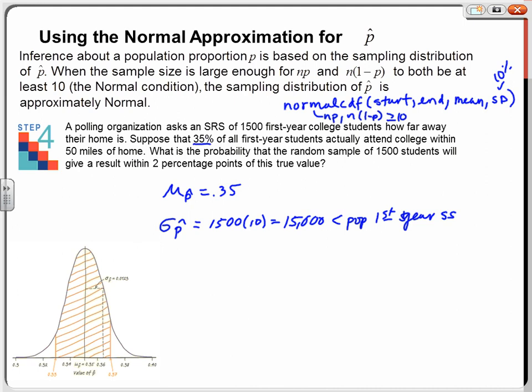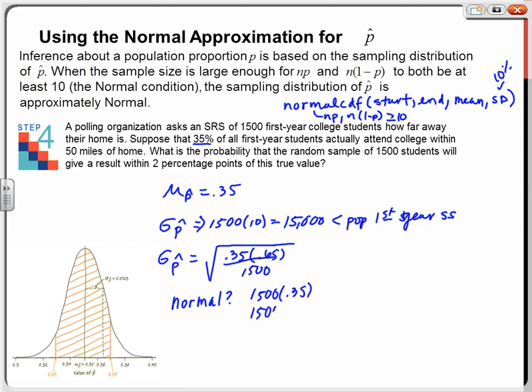Sorry, that was just checking to see. So this is actually now the equals. Okay. So I could do the radical of 0.35 times 1 minus 0.35, all divided by n. And let's see if it is normal. So let's see, n times p and n times 1 minus p are both greater than or equal to 10. So yes, it is normal.